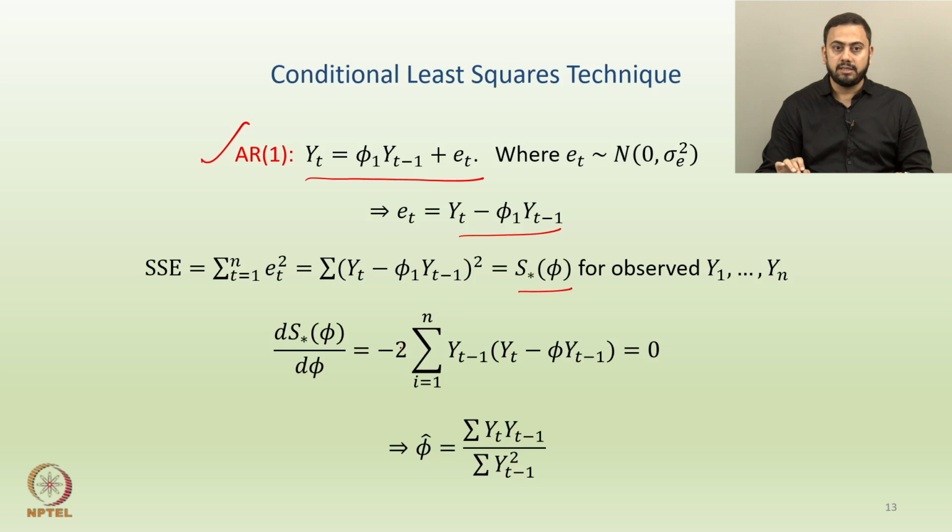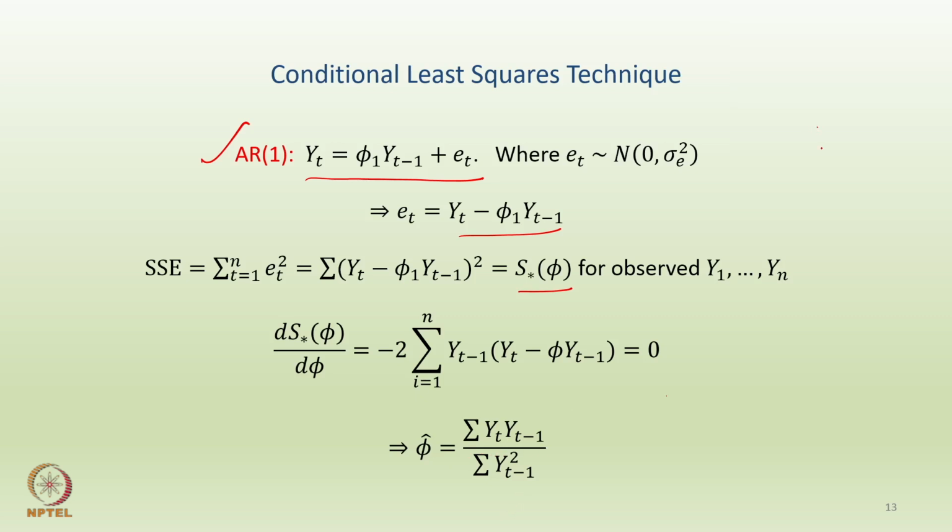The derivative of S star with respect to phi would be nothing but this, and then you equate it to 0 and solve for phi. Eventually the estimator in this case for an AR1 model would be phi hat, which is summation yt yt minus 1 divided by summation yt minus 1 square.